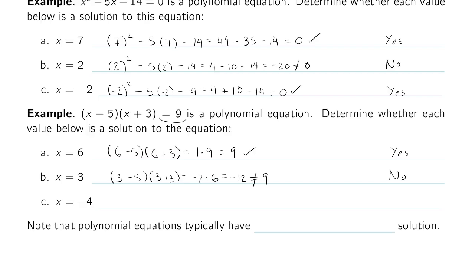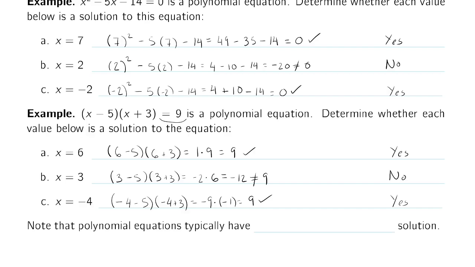What about x equals negative 4? We'll have negative 4 minus 5 times negative 4 plus 3. That'll be negative 9 times negative 1. Oh, that's also 9. So x equals negative 4 is a solution.